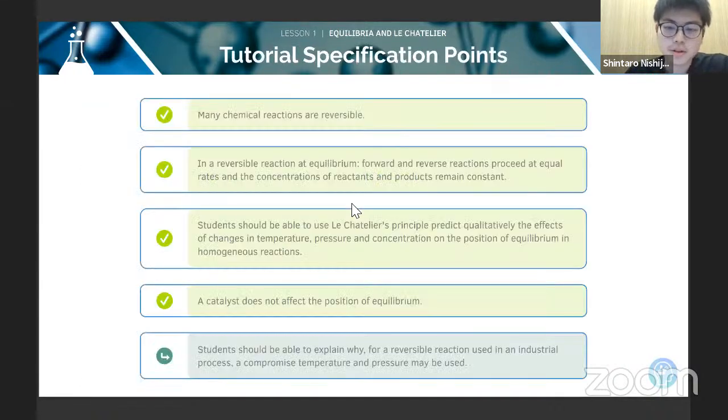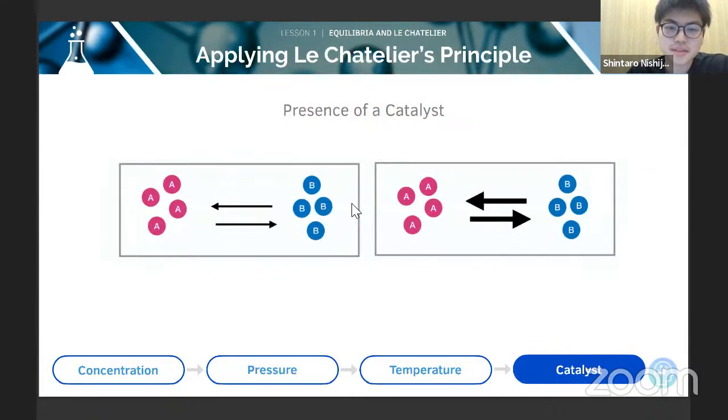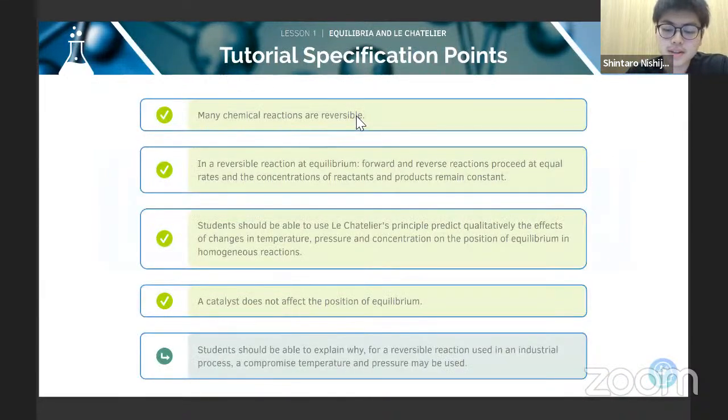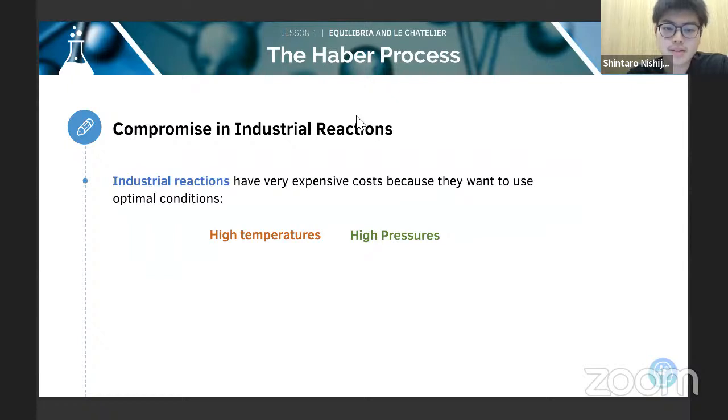Okay, so we talked about the ideal way to shift equilibrium from left to right, depending on the reaction. If you use Le Chatelier's principle, you'll know exactly whether you want high pressure or low pressure, high temperature or low temperature to get the most out of a reaction.